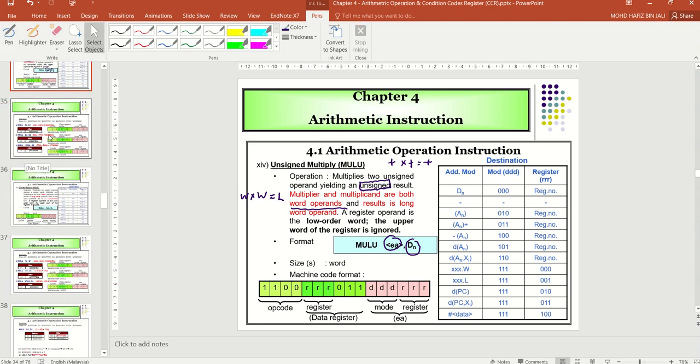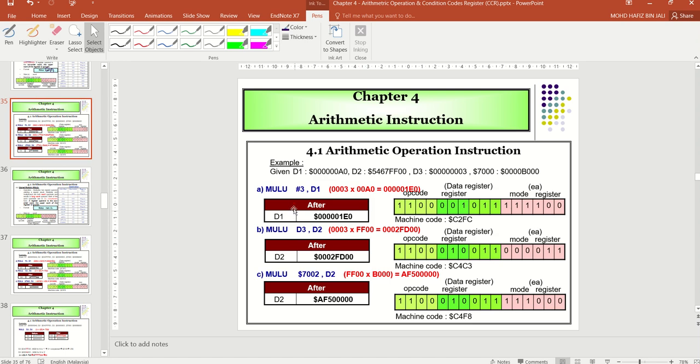So let's see an example. MULU, this one is actually decimal number 3 multiplied with D1. 3 is 3 in hexa also, so just take the word size, so make it 4 bit.